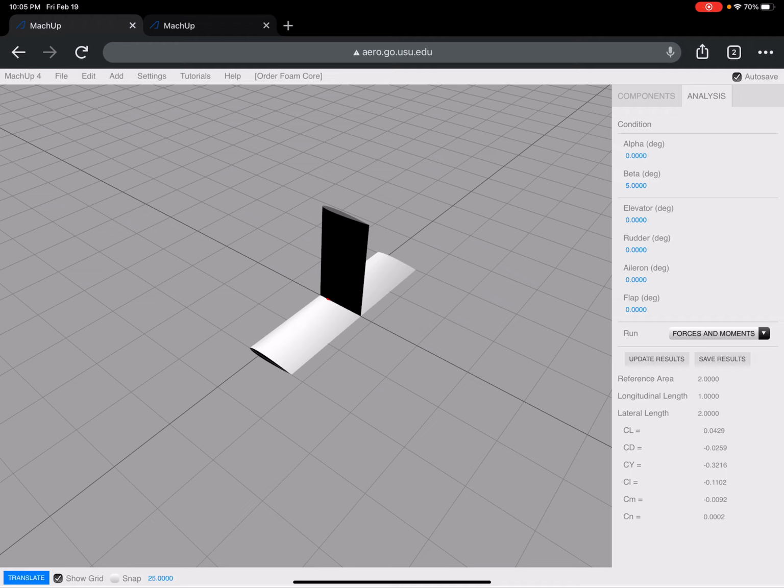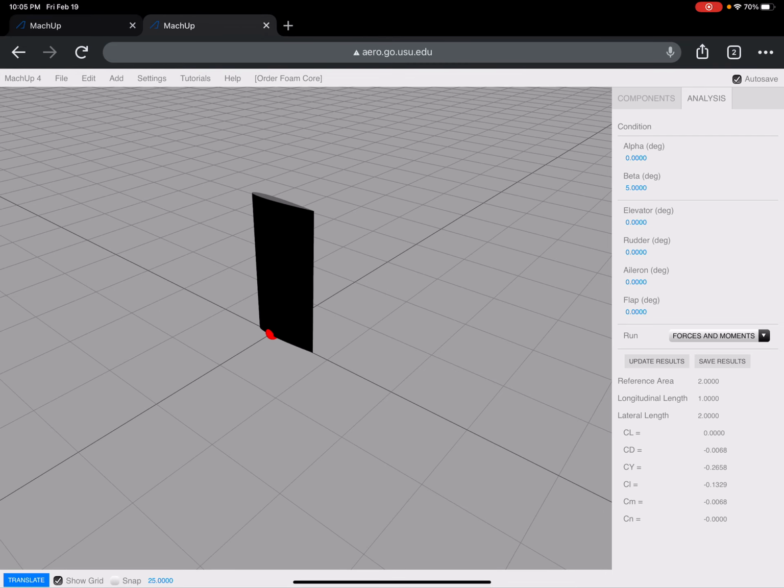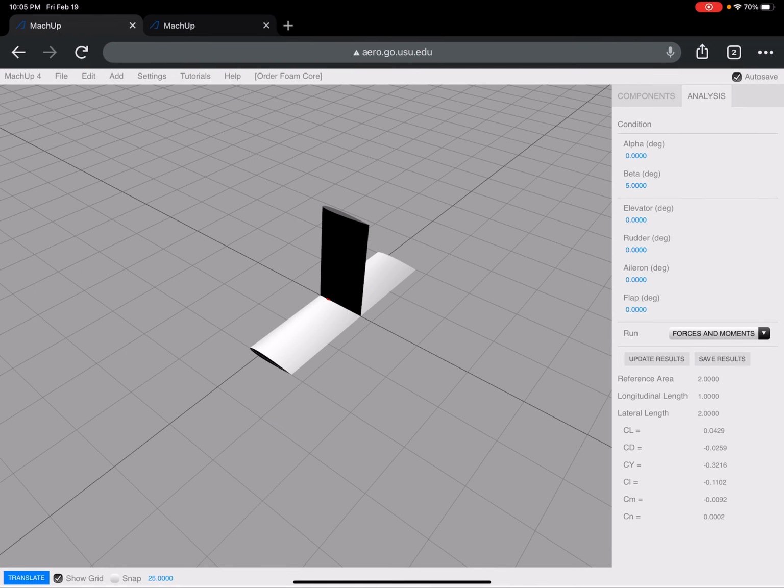So these coefficients only make sense relative to the area of the vertical stabilizer. You can see now though, when we add this horizontal tail, we're getting some lift coefficient, where previously we had 0 lift coefficient. You can see that CL equals 0. Well, now we're getting some non-zero lift. We're going to talk about why that is in just a second.